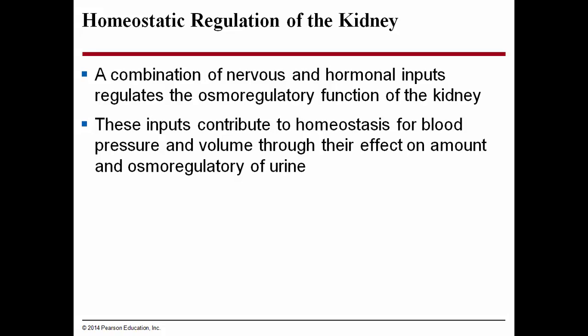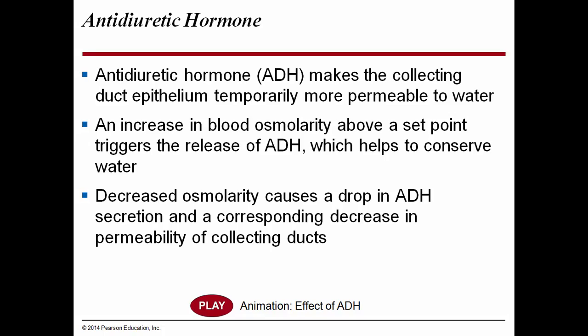A combination of nervous and hormonal inputs regulates the osmoregulatory function of the kidney. These inputs contribute to homeostasis for blood pressure and volume through their effect on the amount of osmoregulatory urine. Antidiuretic hormone makes the collecting duct epithelium temporarily permeable to water.